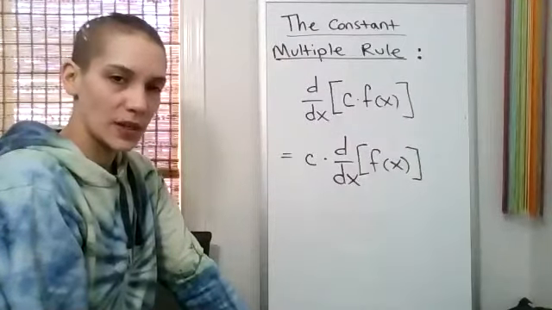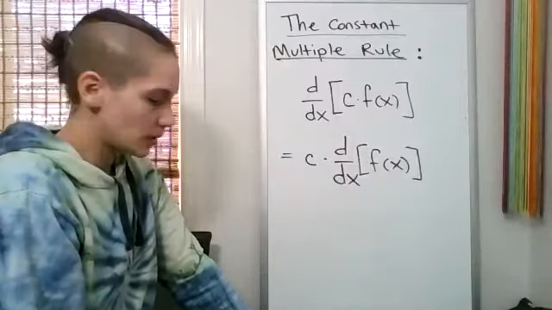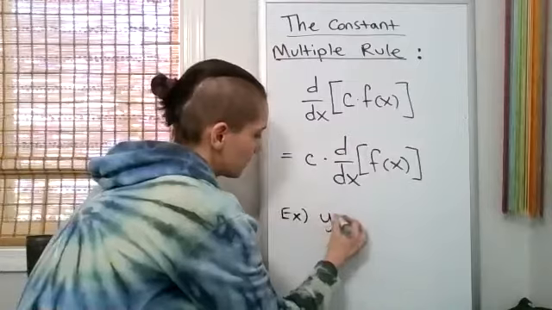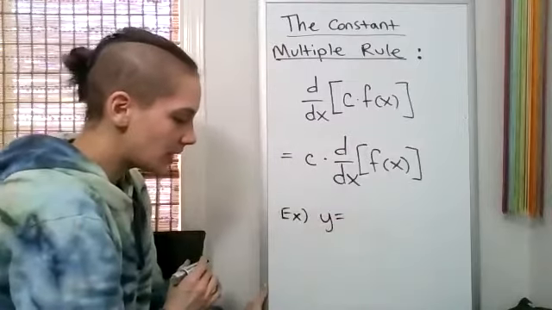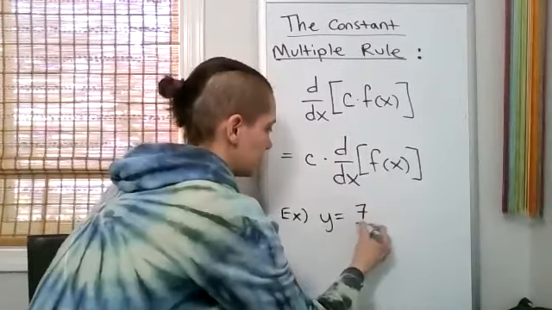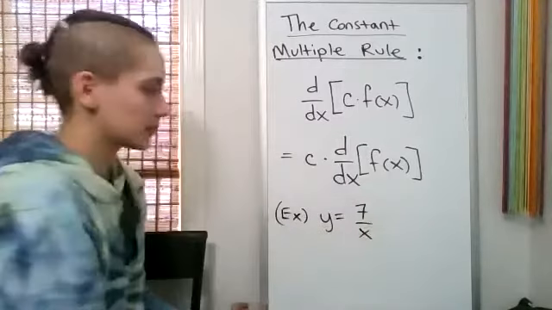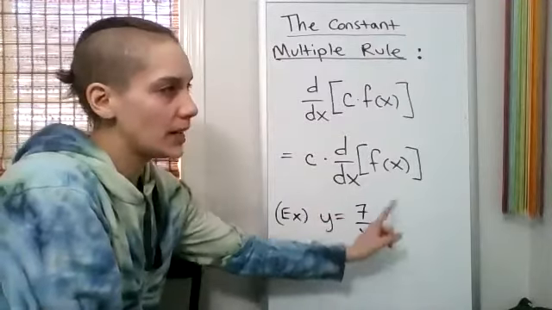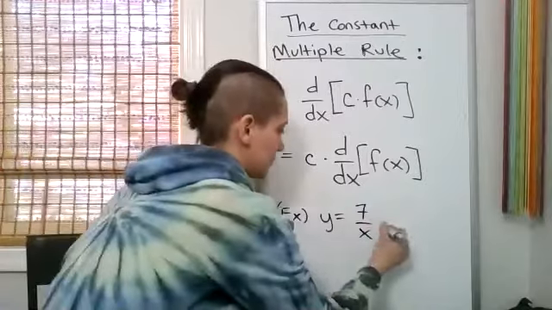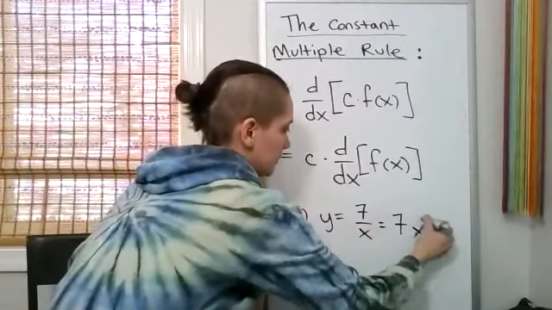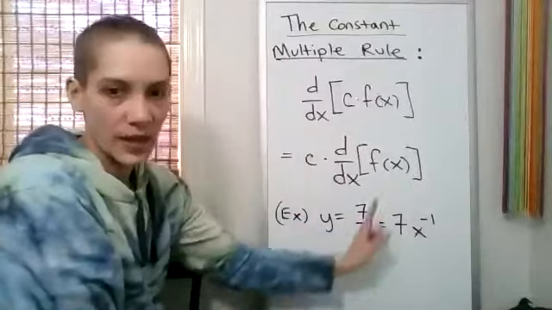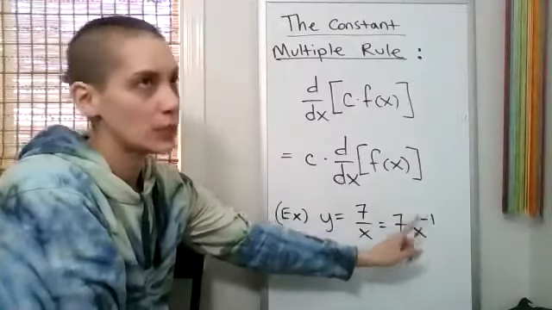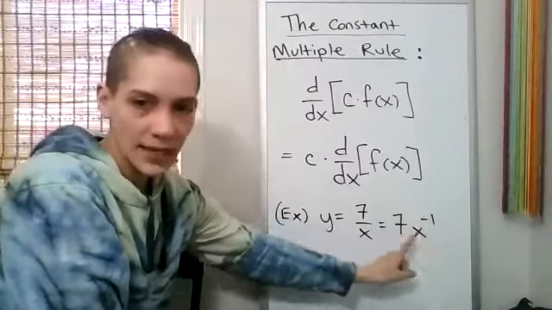All right, I think we just want to work on these. I wrote that our function is y equals 7 over x. I would rewrite this, and then we would have a power of -1 on x, so that I can use the power rule. 7 will be multiplied with the derivative of x to the -1.